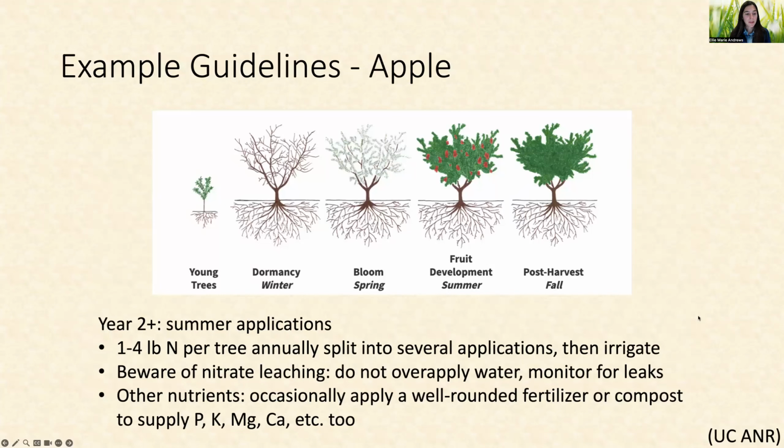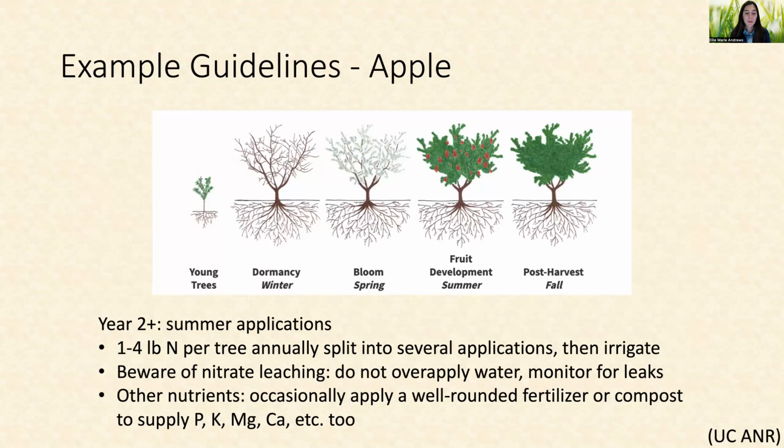And then in year 2, we're going to do summer applications. So let's say 1 to 4 pounds of nitrogen per tree annually in the summer, split into, again, several applications, and make sure that that is accompanied by irrigation, since like we talked about, nutrients need water to move up and into plants.